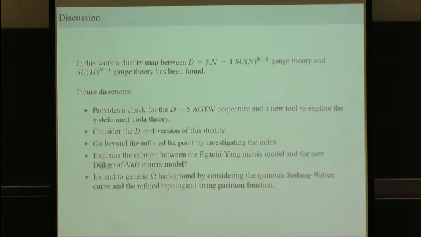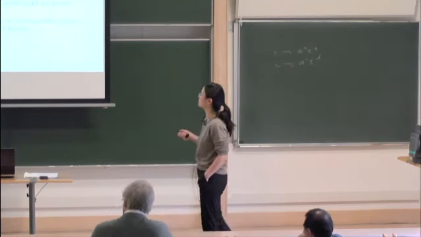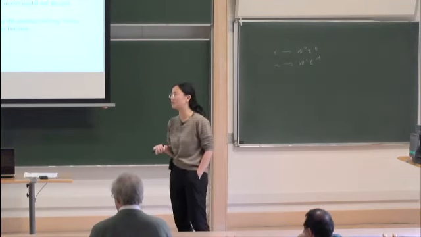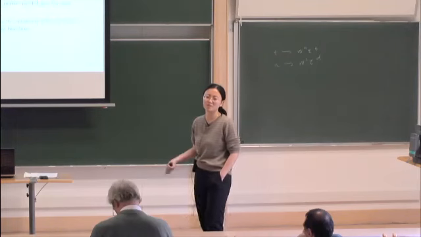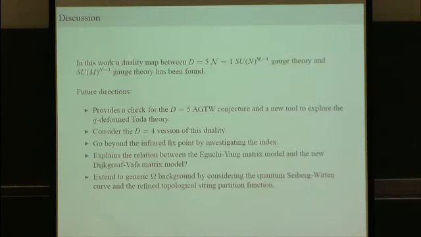One is where people try to look at N=1 gauge theories by deforming N=2. This one was proposed a long time ago. And then there was a new one which was proposed in the context of AGTW. So far, no one really knows what the relation between these two matrix models is, although they describe the same theory. So it could be that using this duality, we might find some kind of relation there.